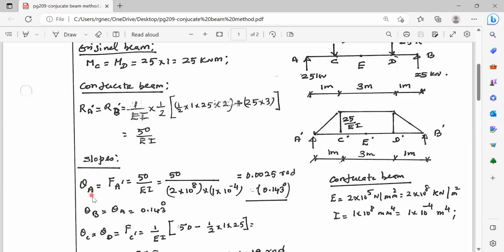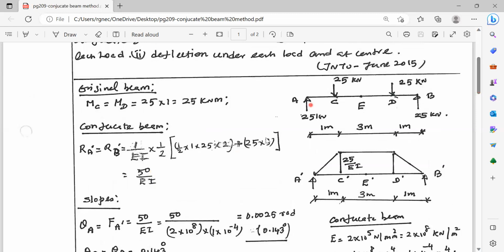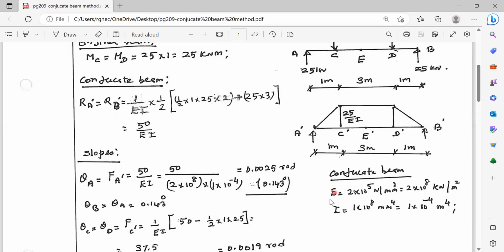Now theta A of the given beam is the slope in the given beam. Theta A is equal to FA dash, that is the shear force at A dash, which is equal to 50 by EI. This E value and I value should be used consistently. E is given as 2 into 10 power 5 Newton per millimeter square, that is equal to 2 into 10 power 8 kilonewton per meter square.